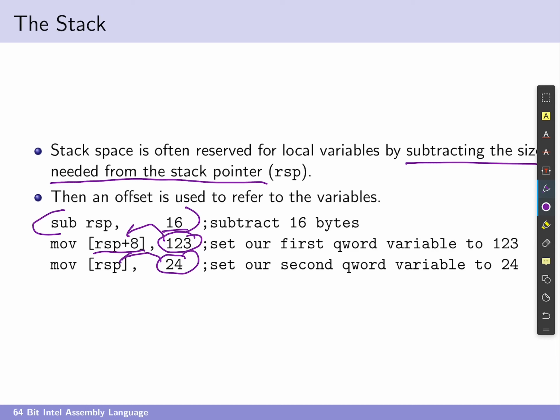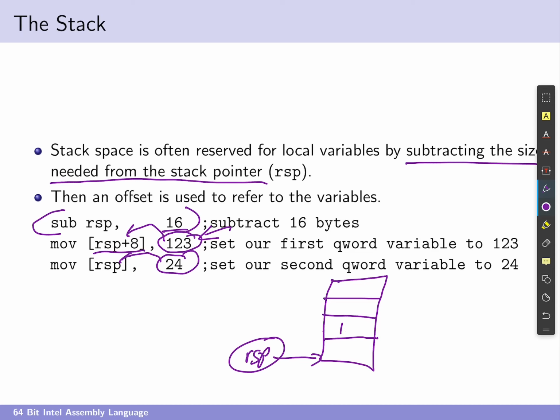Now, the reason this works is that here's my stack, and here is my current RSP after I've subtracted 16. If I draw a line to indicate 8-byte divides, and I'm at this location RSP and I add 8 and store a value like 123, in essence I'm loading into this spot here.